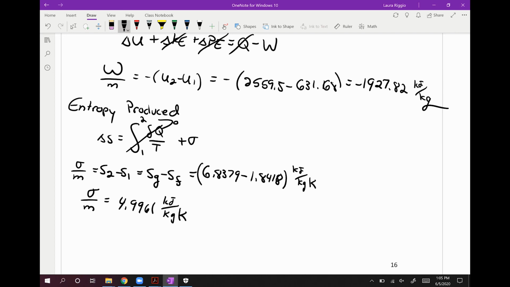Which means our entropy produced is 4.9961 kilojoules per kilogram Kelvin.